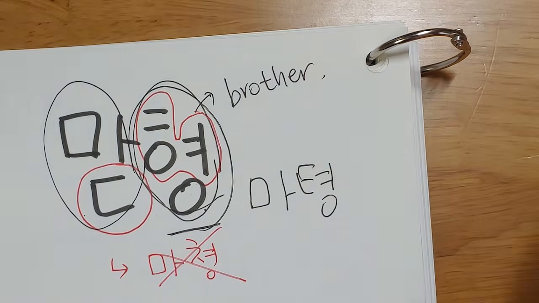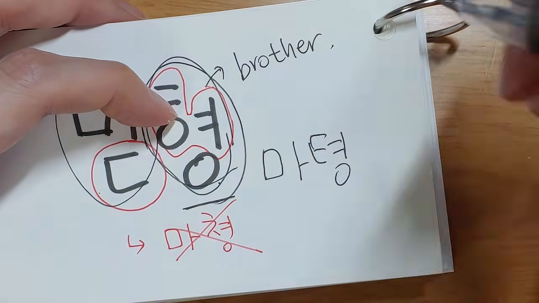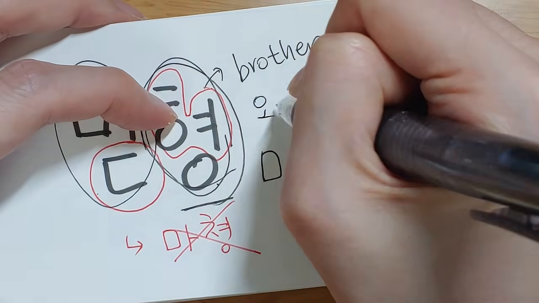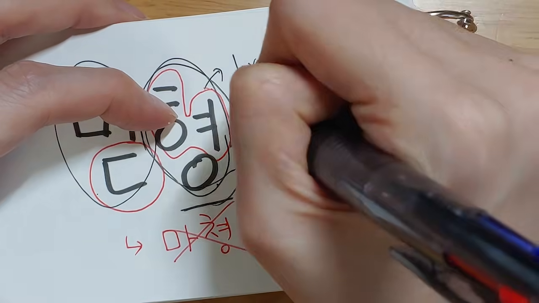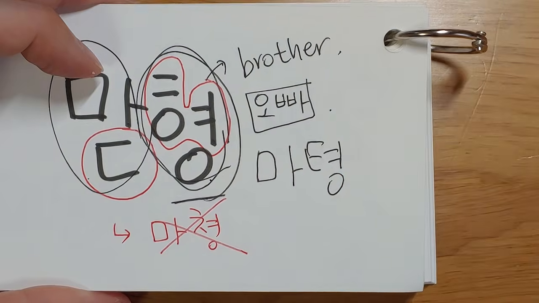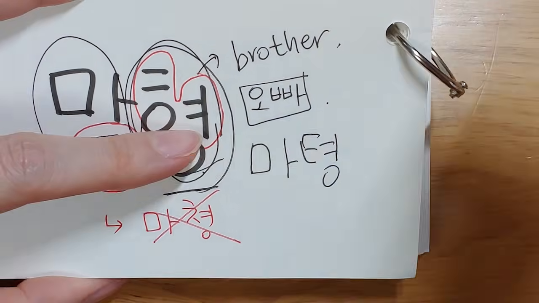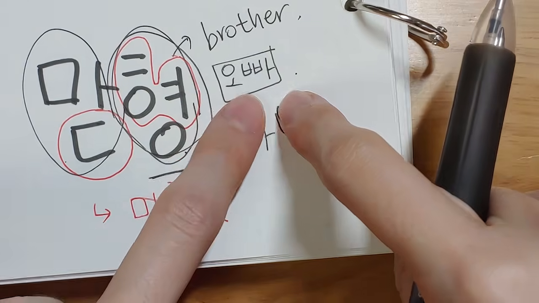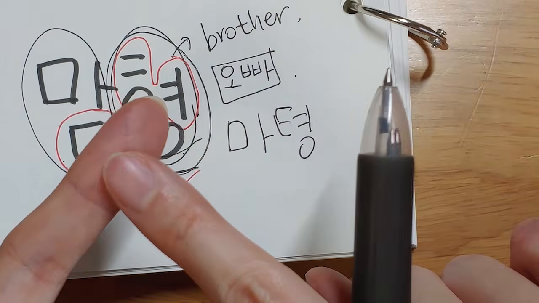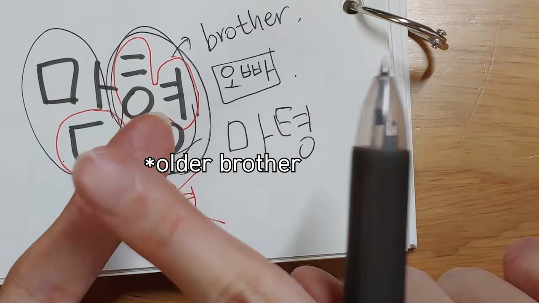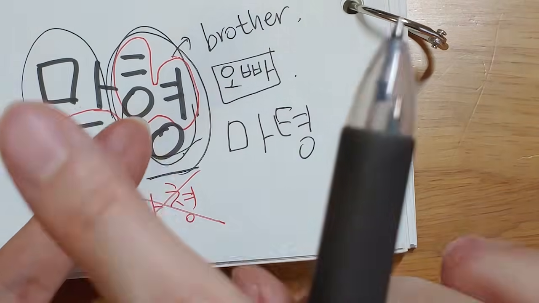If you're a female and want to say an older brother or a male older than you, you can say 오빠. So 오빠 went out there into the world and it became kind of exaggerated. People think 오빠 means someone you love, but that is not true. 오빠's first meaning is your actual blood-related brother, and it is a term that is used by females only.